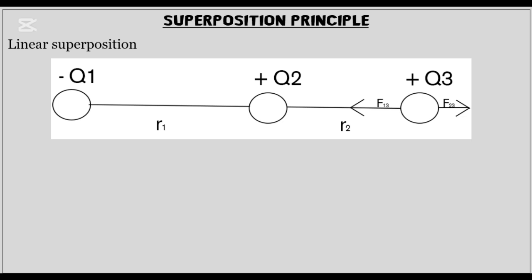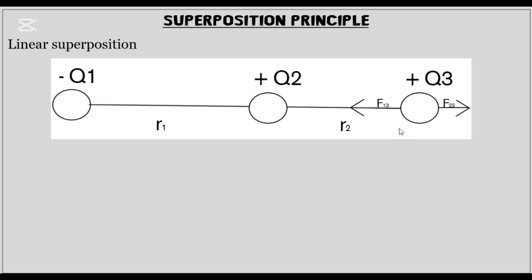When we talk about the reference charge, it's the charge on which the other charges are exerting their forces. Looking at the diagram, Q1 is negative and Q3 is positive, so there will be an attractive force, meaning Q1 will pull Q3 towards itself, to the left.